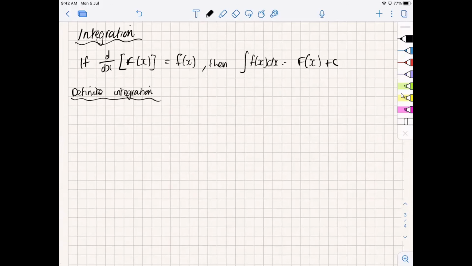Okay, it was pretty much the fundamental theorem of calculus, and that was that, guys, if we have the integral from a to b of f of x with respect to x, we learned that that's exactly the same as taking the primitive function between the same boundaries, and what we were doing is we were taking the upper bound and subtracting the lower bound, and it gave us the same thing. This is pretty much the fundamental theorem of calculus right here.